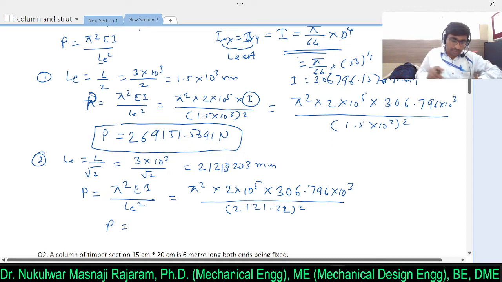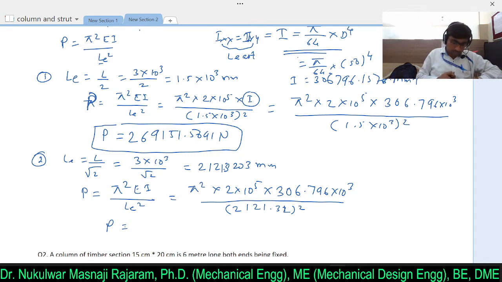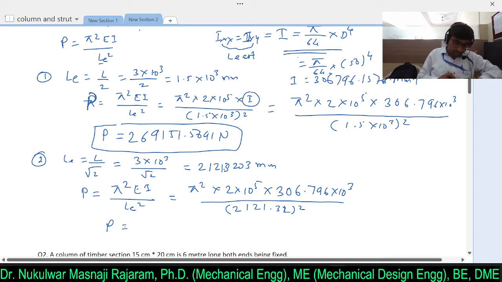Then we get the crippling load. So here I will consider pi square into 2 into 10 raised to 5 into 306.796 into 10 raised to 3.